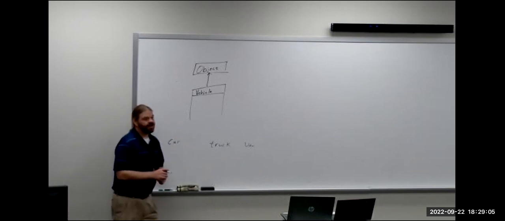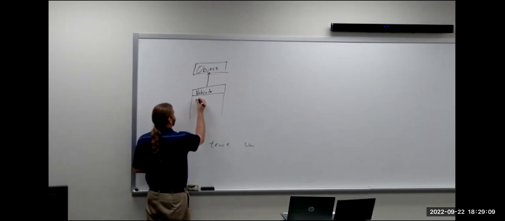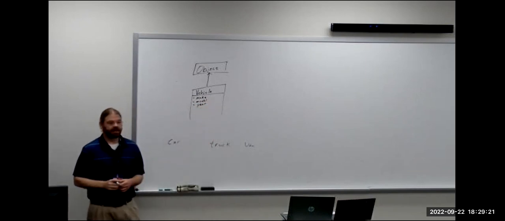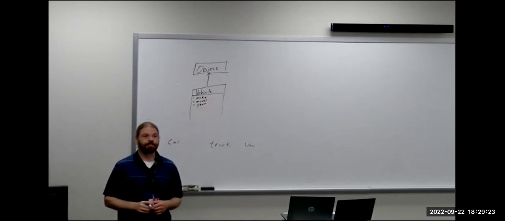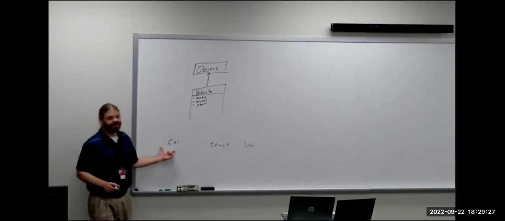So what data fields do we need? Well, we're going to have a make and model and year. Make, model, year. Everything is going to have that. Number of doors is going to be down in the subcategory, isn't it?